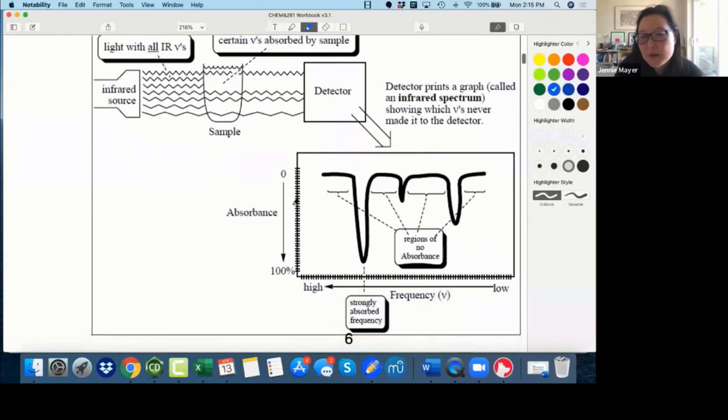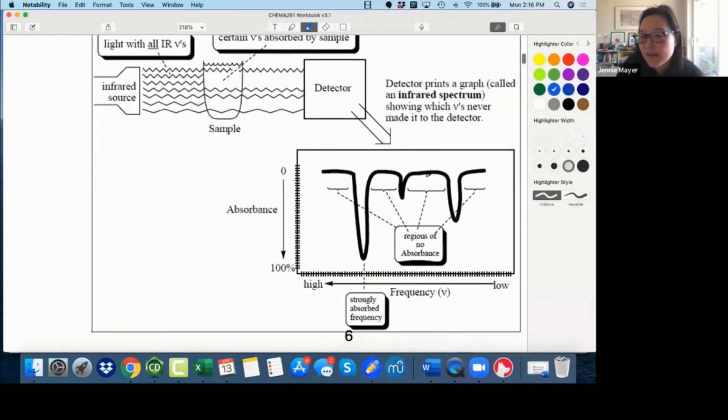And so we usually graph percent transmittance. Transmittance means it made it through. Absorbance means it didn't make it through to the detector. So we have 100% transmittance, then 0% transmittance and 100% absorbance, and so forth, okay?